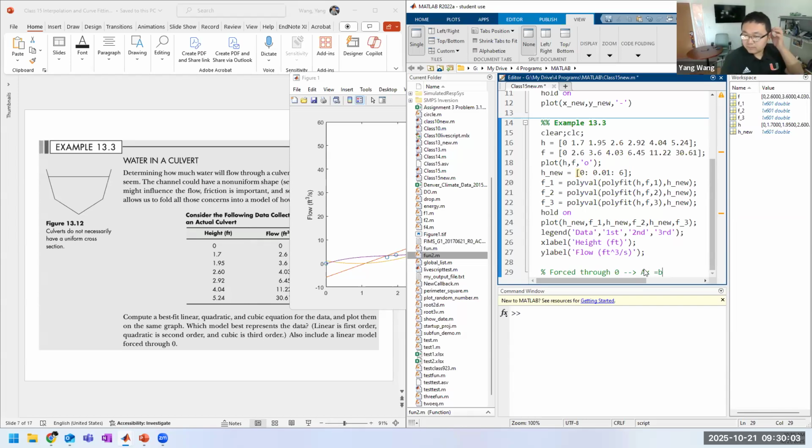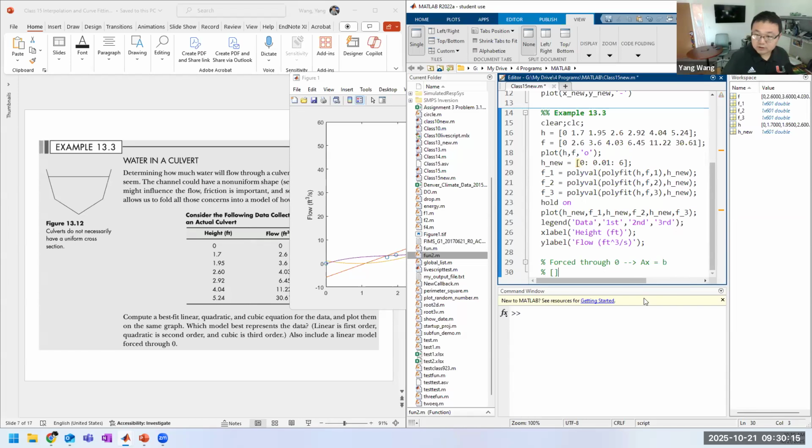So basically we're trying to solve what is the A here. If it's forced through zero, then we'll just put the A value to be H, while B is F.